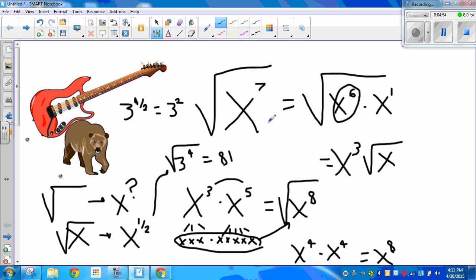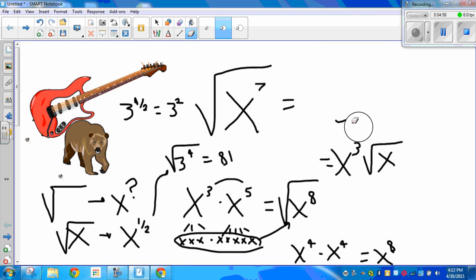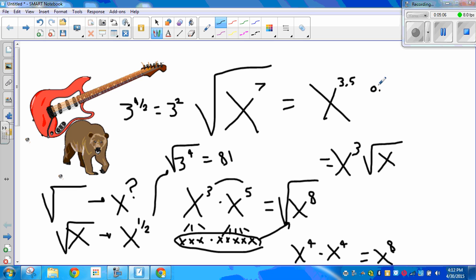Now some of you might think, okay, great, Mr. Elting, when I take the square root of x to the 7th and divide 7 by 2, won't I get 3.5? Believe it or not, 3.5 is exactly what we found before. Do you see it?